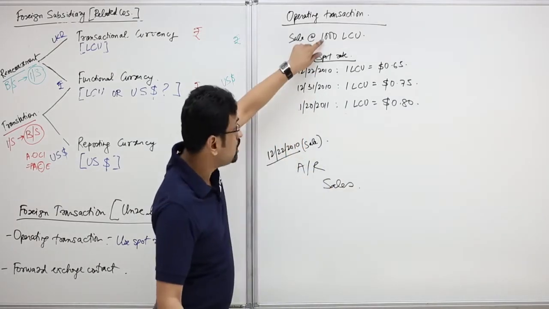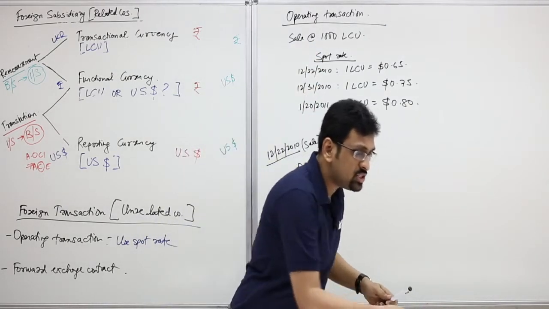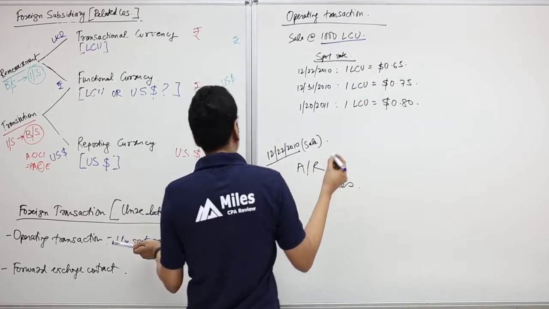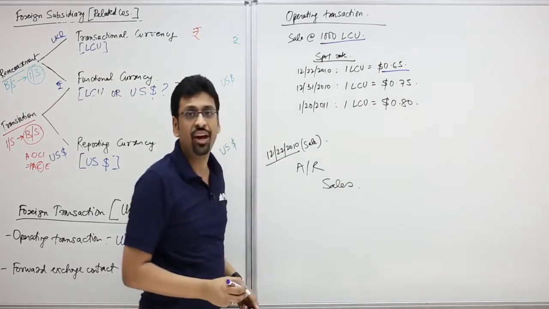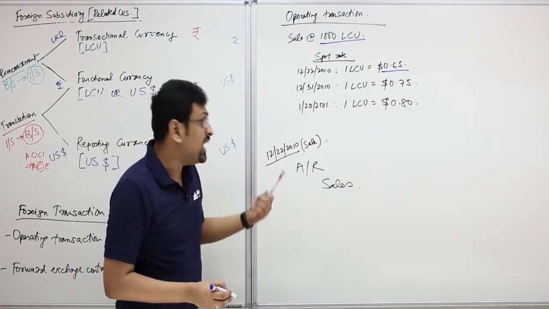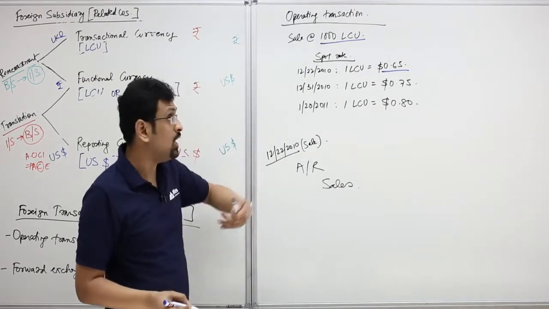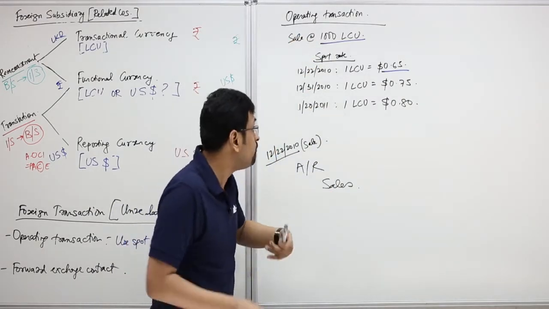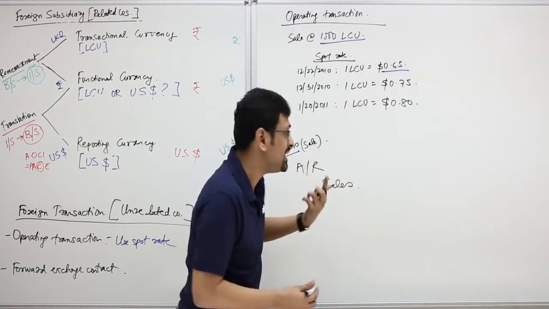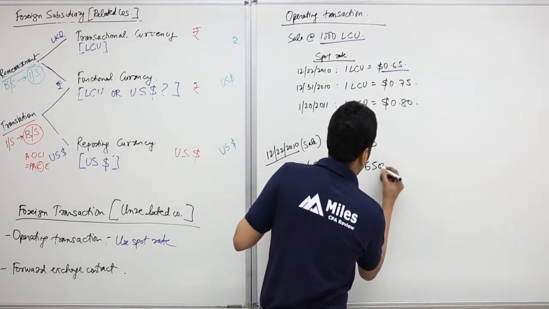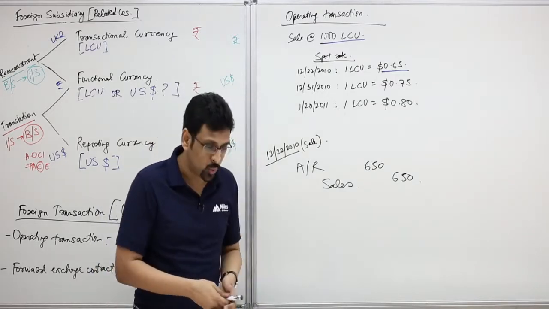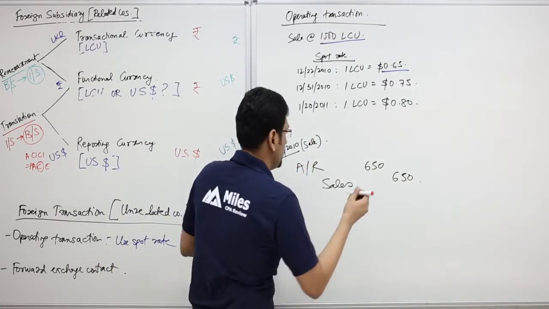We'll convert this local currency unit 1000 LCU into dollars as of the date of sale, and for that we're going to use the spot rate 65 cents. So instead of saying that we've made a sale of 1000 local currency units, the foreign currency, we would say we've made a sale of 1000 into 65 cents, $650. So that's the sale number which goes into our income statement.